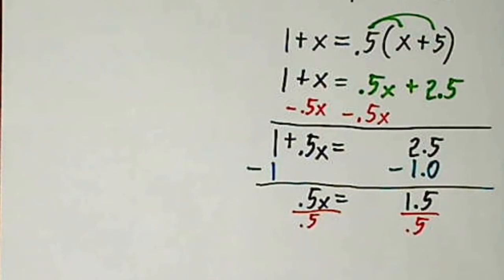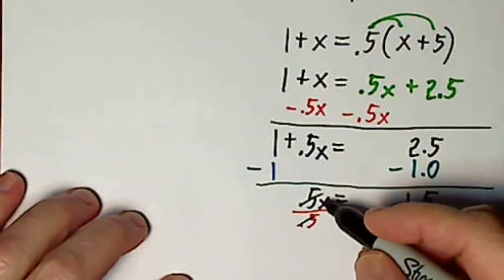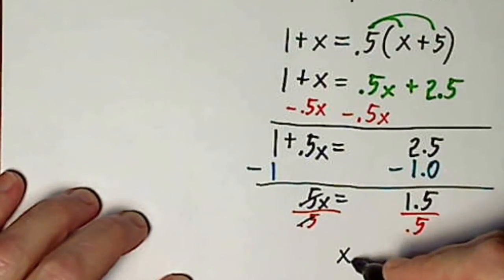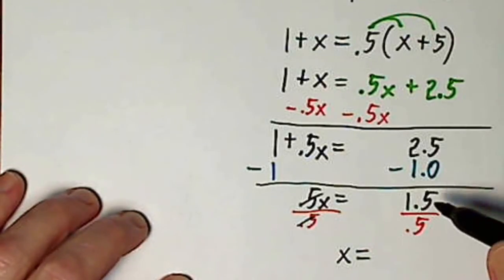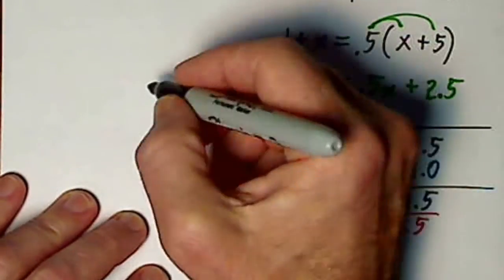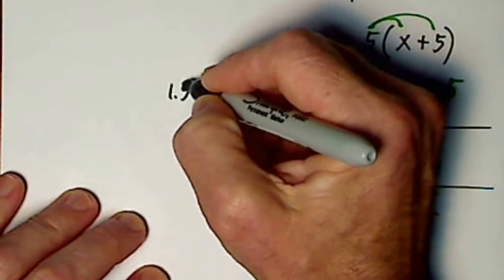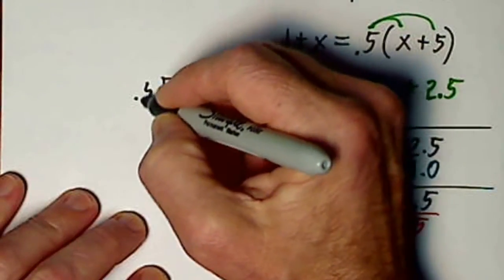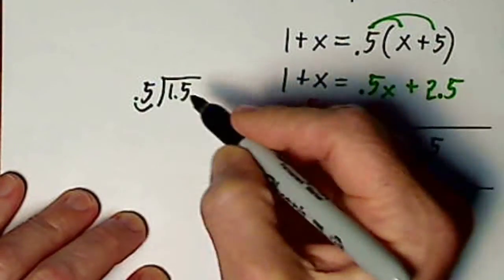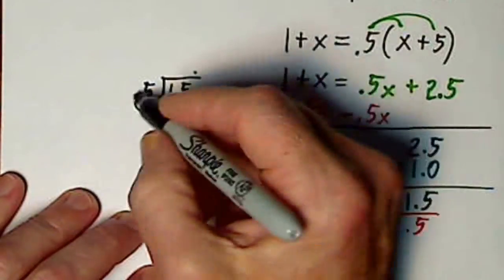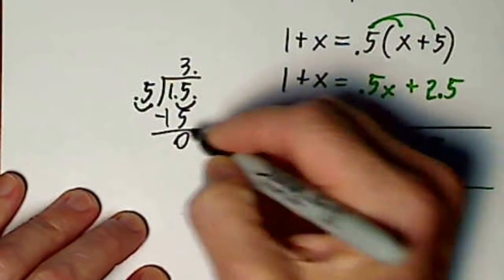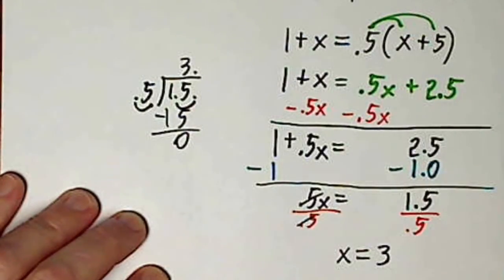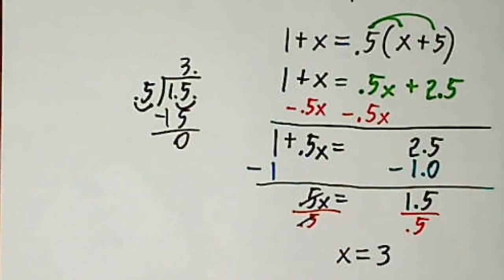And of course this cleans up quickly. You have 1x or x. And then here, just to be safe, I don't want to make any mistakes, I've got 1.5, 1 and 5/10 divided by 5/10. You have to move the decimal. Goes in there 3 times. So x is equal to 3. All right, now we're going to back out and see what the heck they were asking us for?